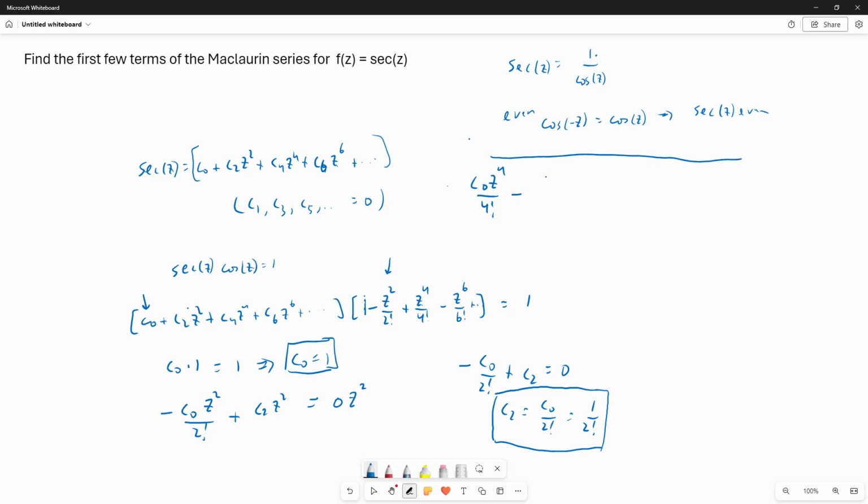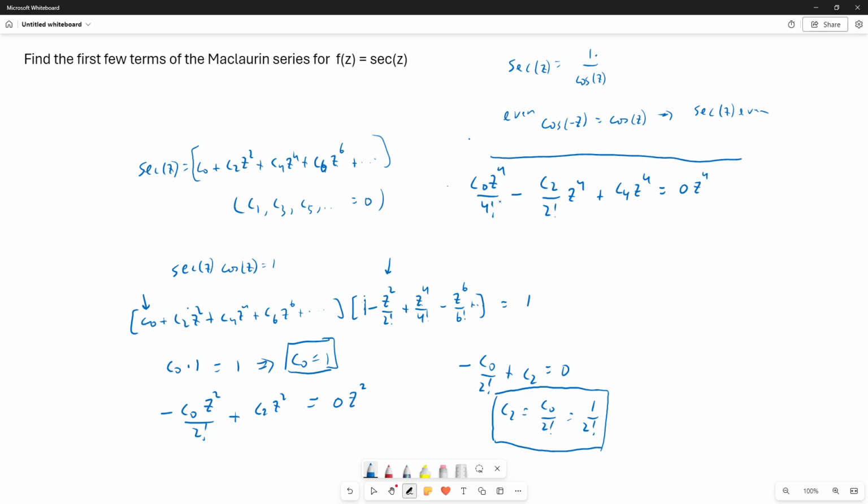That's going to give us minus C2 over 2 factorial, z to the 4th, and then plus C4 z to the 4th times 1. And this is equal to, on the right side, 0 z to the 4th.